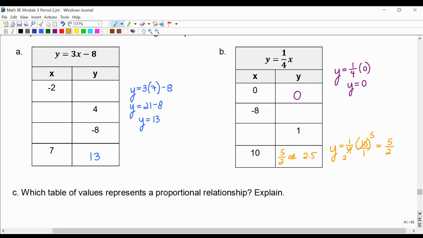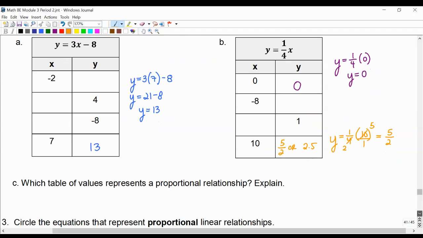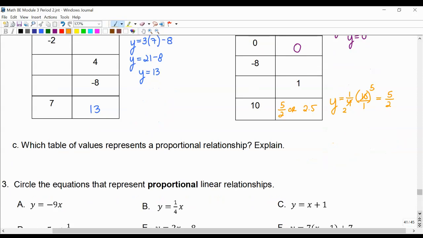Feel free to pause the video. Otherwise, we're going to go on to part C. Which of these tables represents a proportional equation? And it is table B, because the equation is in the form y equals mx.